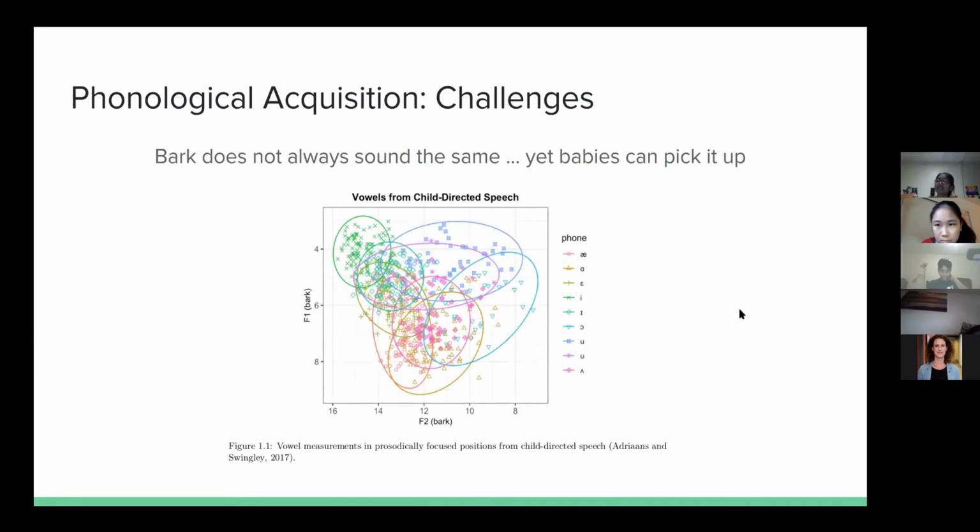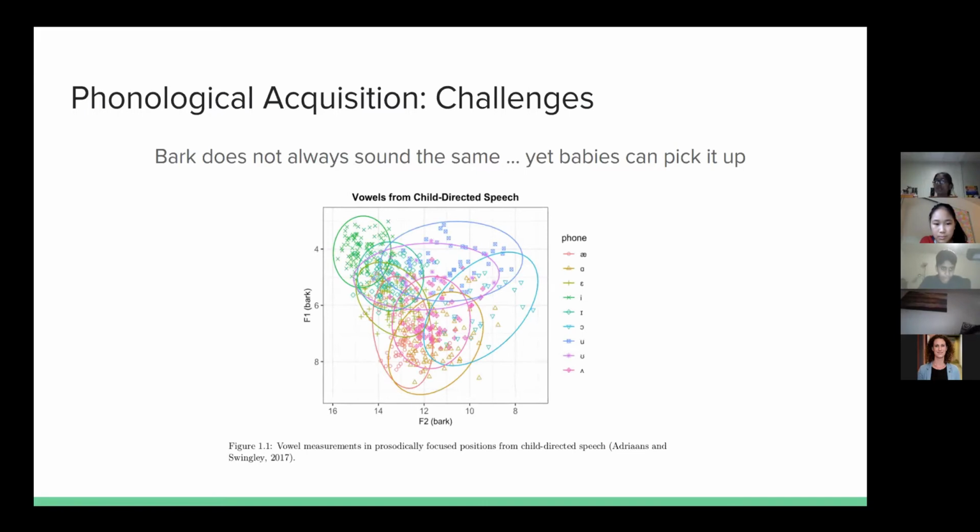This is a chart of vowels from child-directed speech, which is speech mostly spoken to young children. F1 and F2, the two axes, are what we call formant frequencies. When you analyze speech sounds, we have harmonics, and F1 is the first formant and F2 is the second formant.